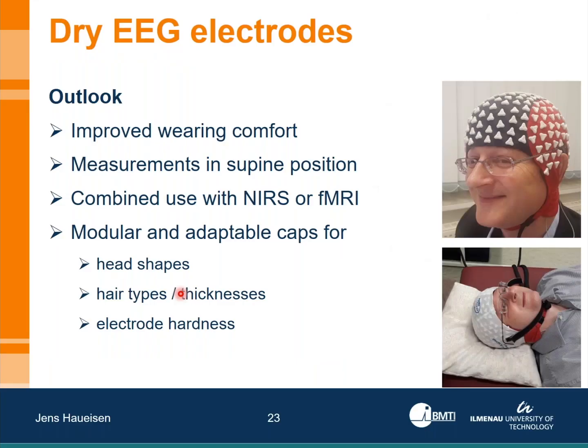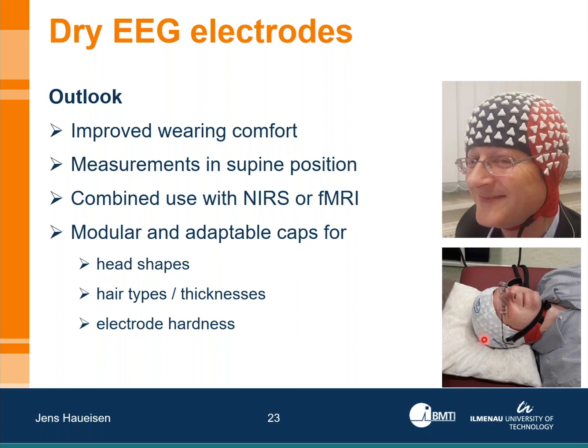Outlook: we will have improvements in wearing comfort. This is what I can promise already. We're working on this at the moment. You can already do measurements in supine position with the 256 cap, as you can see here in the lower picture. That is important, for example, if you want to go to fMRI.